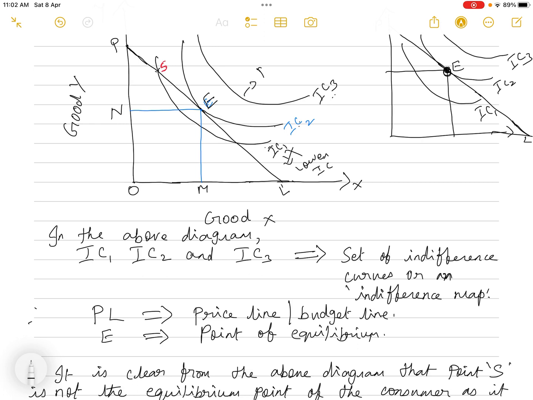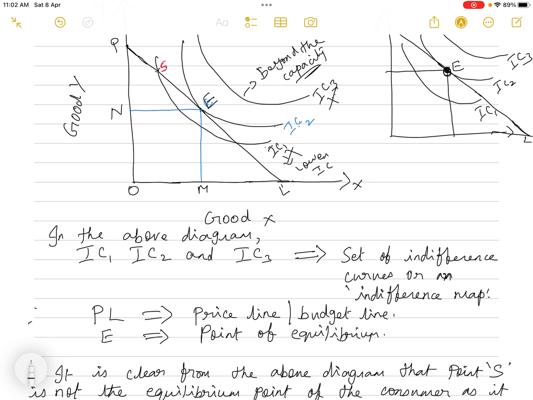So IC1 is not the option. He will definitely choose IC2. IC3 is beyond the capacity of the consumer. His price line, his budget line, is not allowing it. So he will not choose IC3 either.